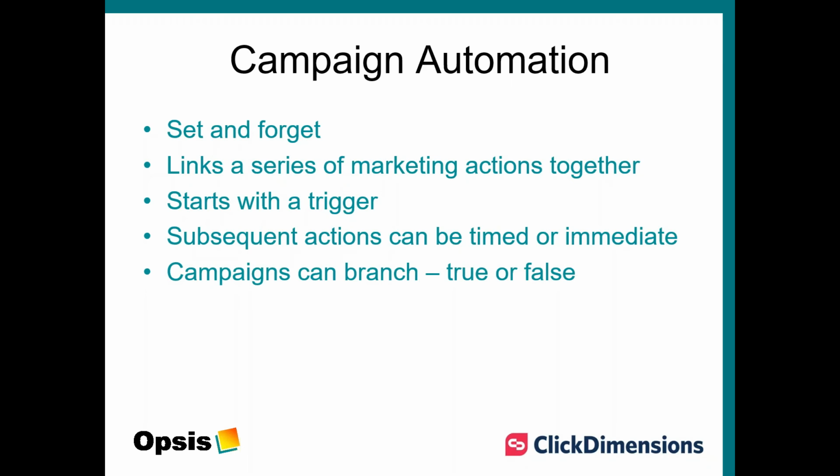Where this becomes really, really useful is enabling you to make all of the touches that are necessary to bring somebody from the point of being an anonymous visitor through to being a full-blown client, or even just to the point of where it's worth making an appointment with them.